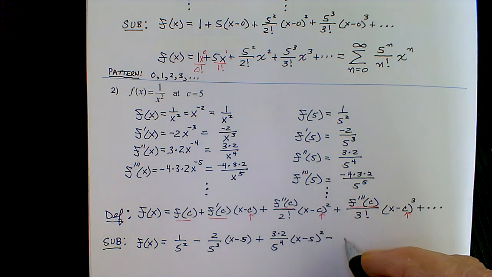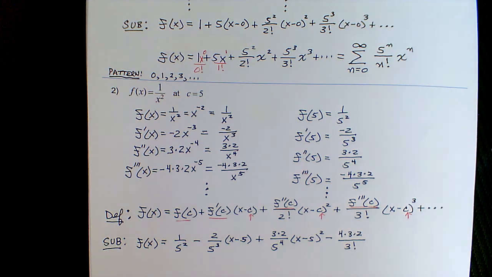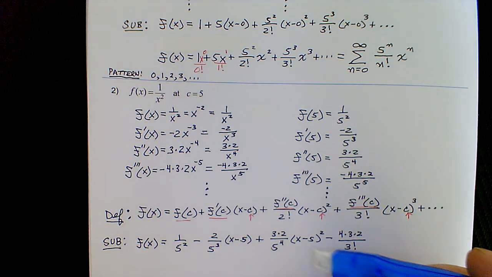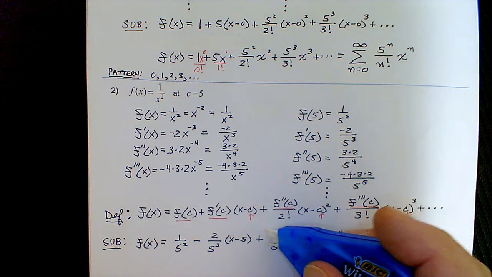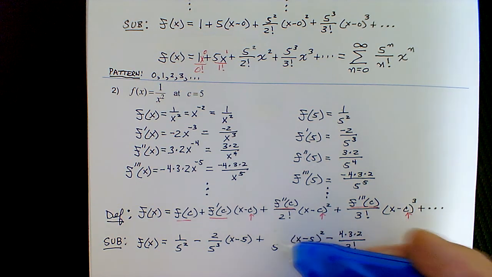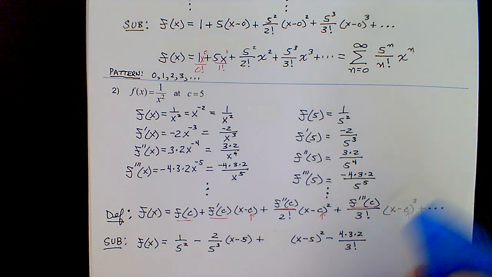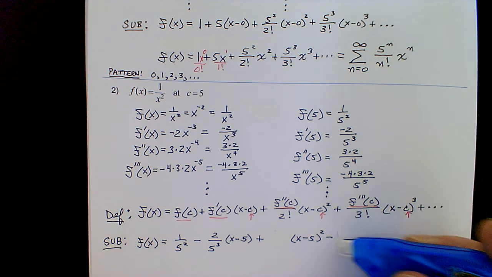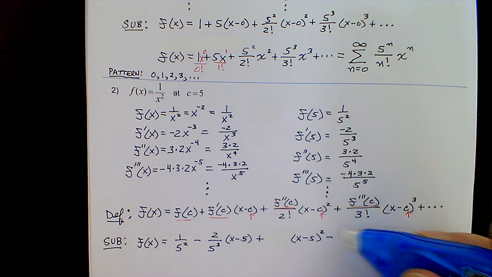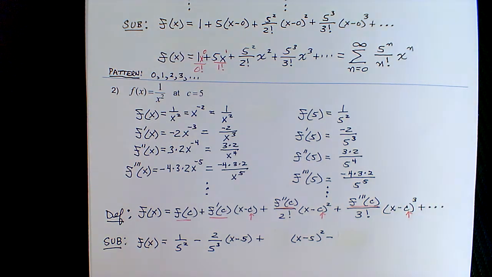And the next term, f triple prime of 5, negative 4 times 3 times 2 over 3 factorial. I'm sorry, mistake here. 3 times 2 over 5 to the 4th was just the coefficient, or the f double prime of c.